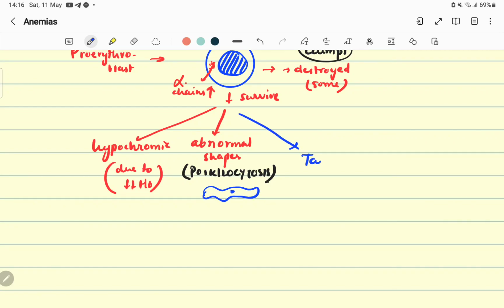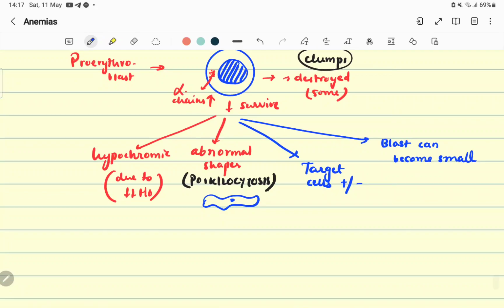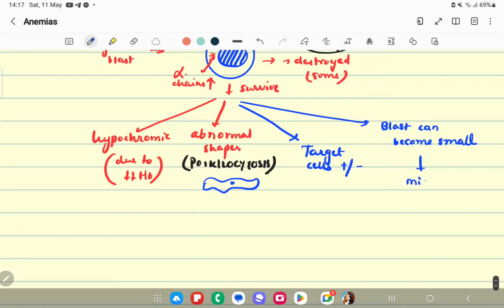Some can produce target cells. And some will become small, so we'll have microcytic RBCs.